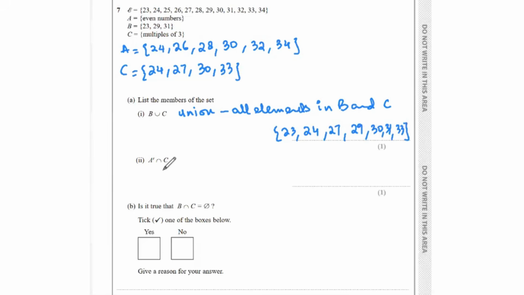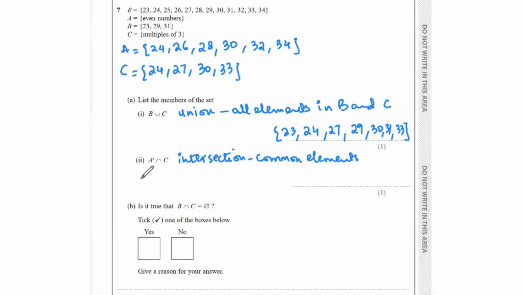Then it says A complement intersection C. So intersection means common elements. And complement means elements that are not included.